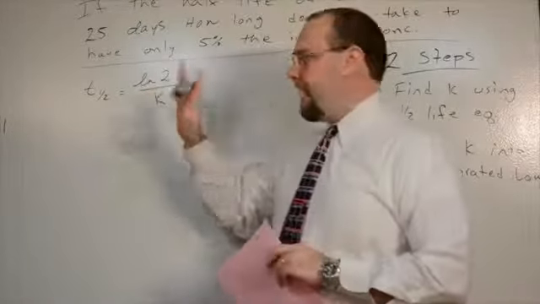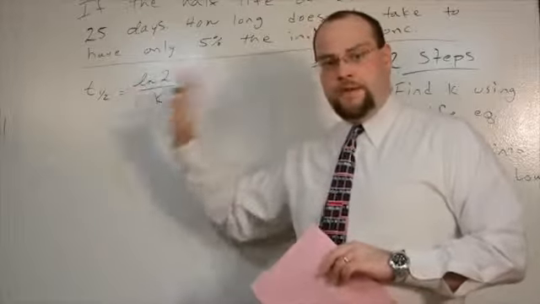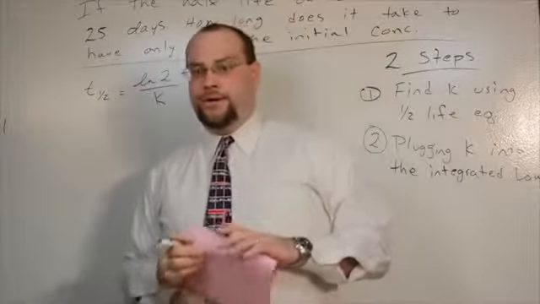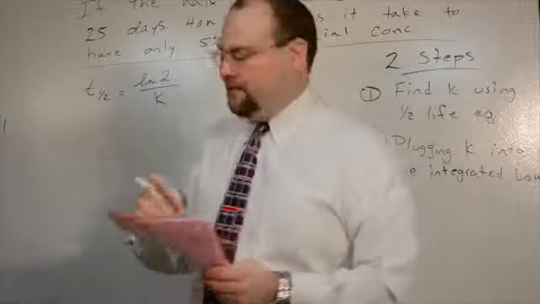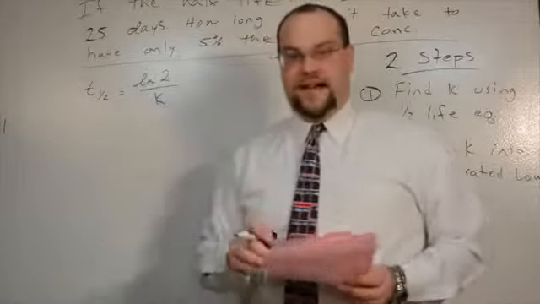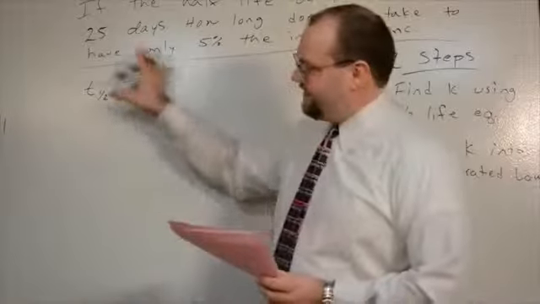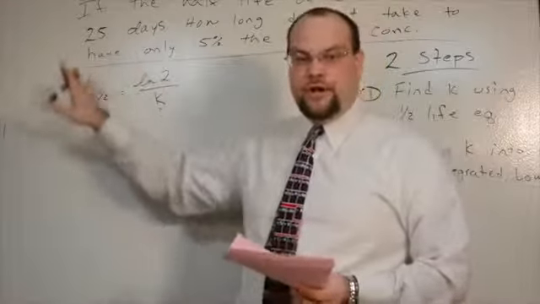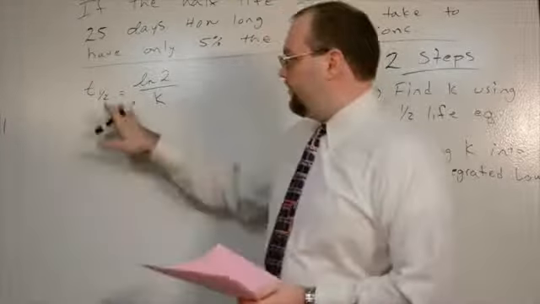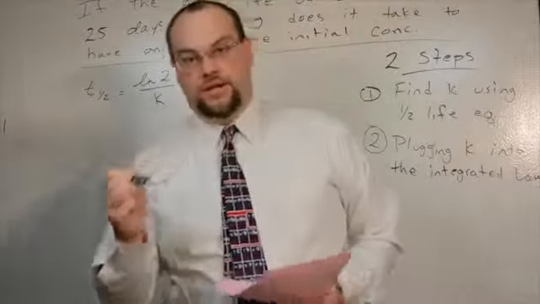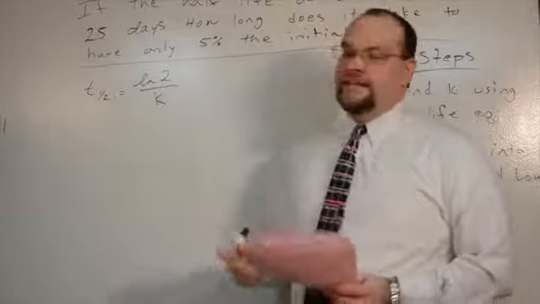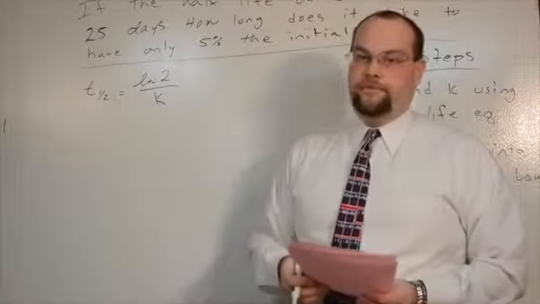Honestly, the math is a little bit beyond me, and I'm sure I would make a mistake, and because you guys love pointing out my little errors, I would probably get a couple of comments. So I'm just not going to show you how to derive that. Not really all that important. Just know that this is the half-life equation. It is not on the AP chemistry equation sheet. However, it's pretty easy to remember: ln of 2 over k.